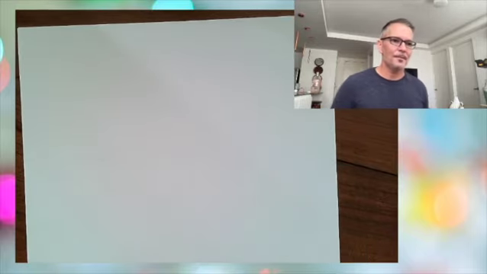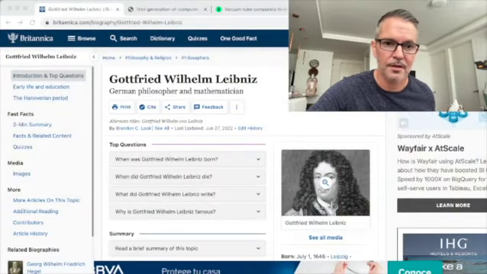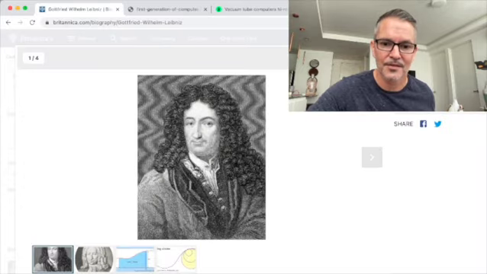So let's get started. It was about 1703 when a guy named Gottfried Leibniz was credited with the invention of the binary number system. Let's take a second and look at this dude. Here's Gottfried. So Gottfried was born into a German family.